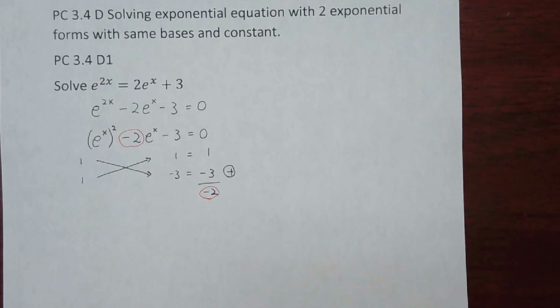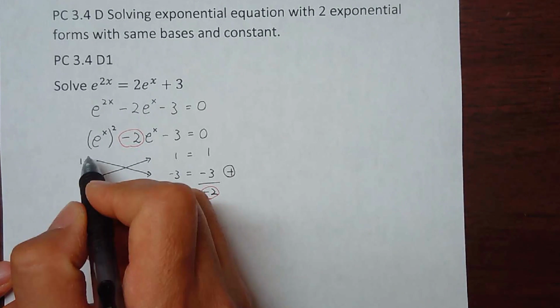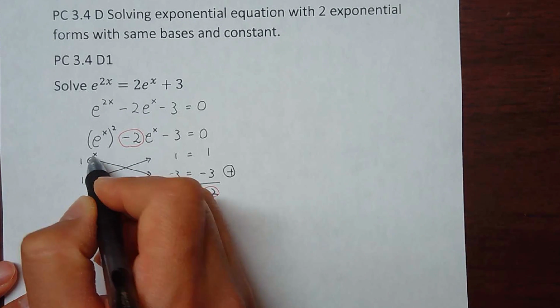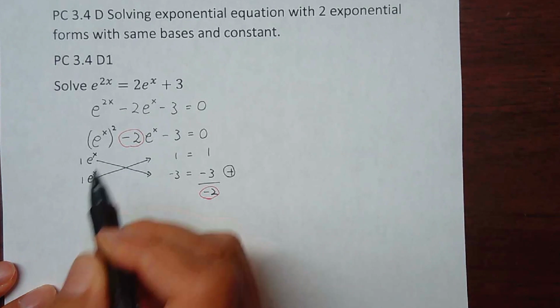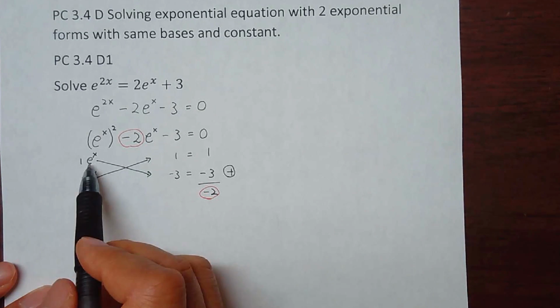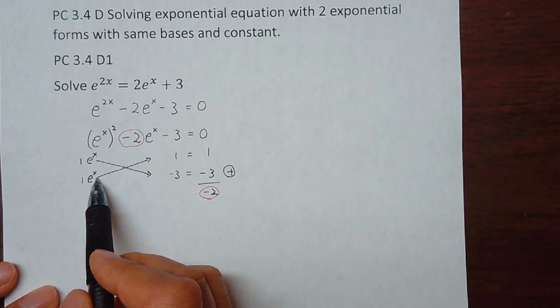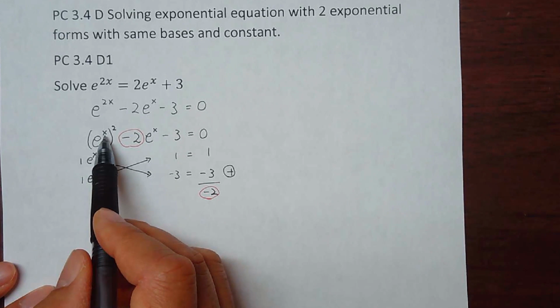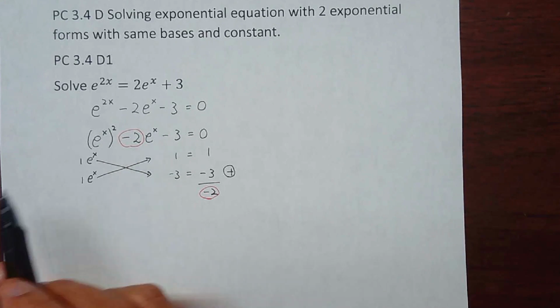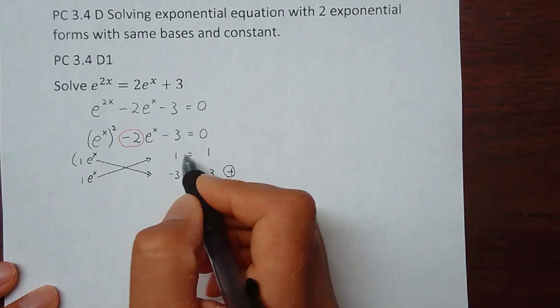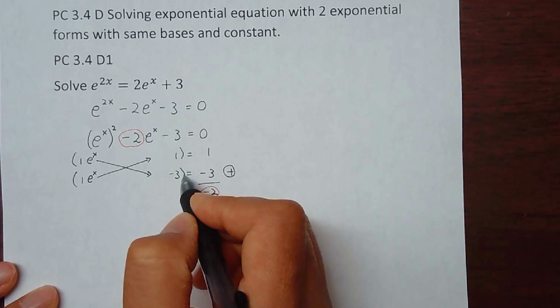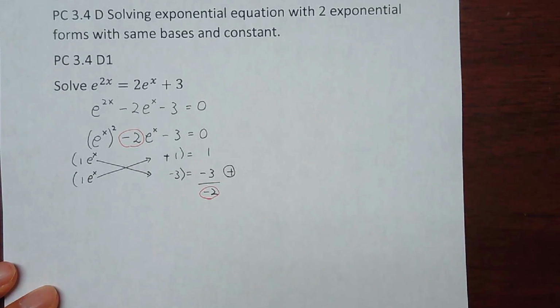The way you write the factored form is you put e to the x power here and e to the x power here, because e to the x power times e to the x power makes e to the x power to the second power. Put the parenthesis, 1 means positive 1.